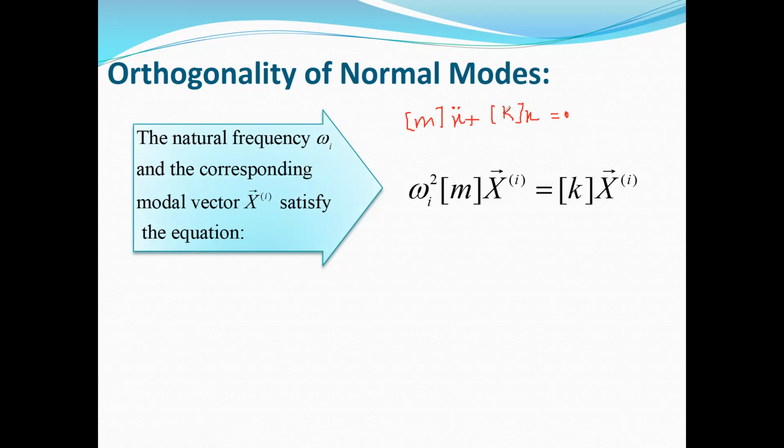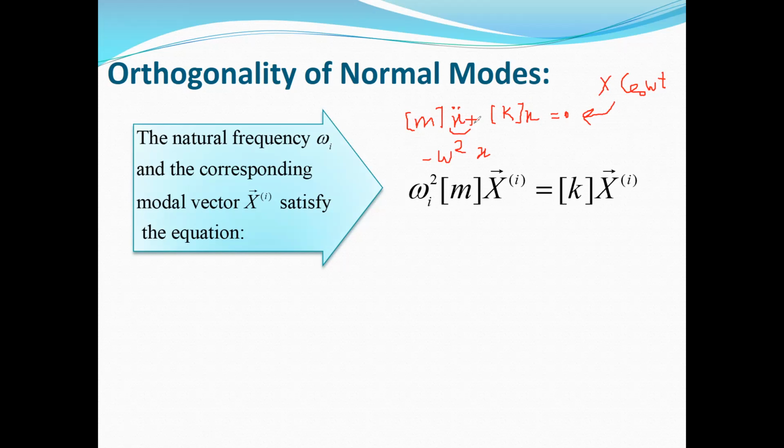So if you substitute x as a harmonic function such as cosine omega t, you know that x double dot is equal to minus omega squared times x.